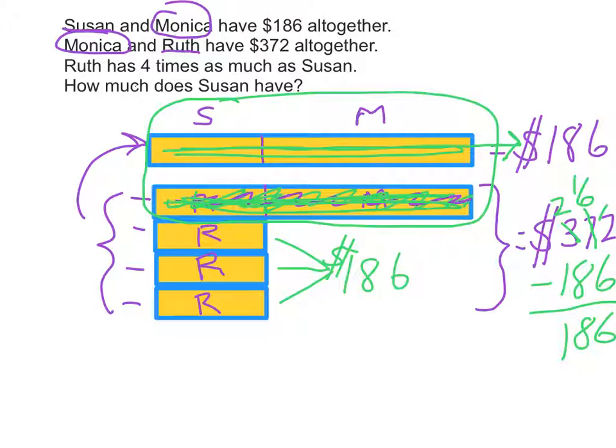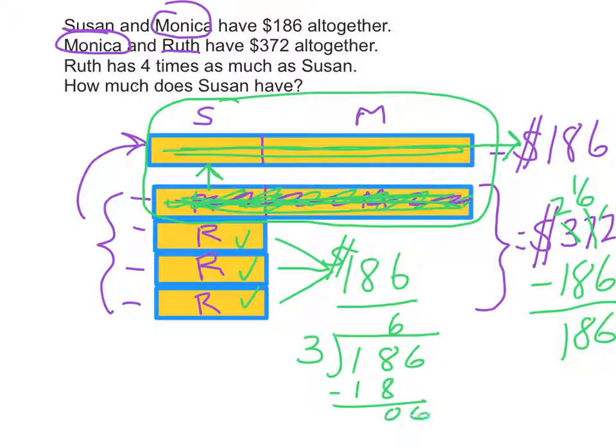Okay, now we've almost got the problem solved. If we can split this 186 up three different ways, then we will know what goes in each of those boxes, and we will also know what goes into Susan's because hers is the same size. Now let's divide 186 three ways. Okay, that goes 18, and 3 goes into 6 twice. Since I ran out of room, I won't do any more there.